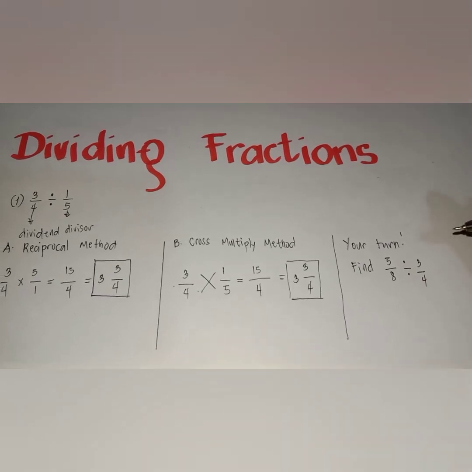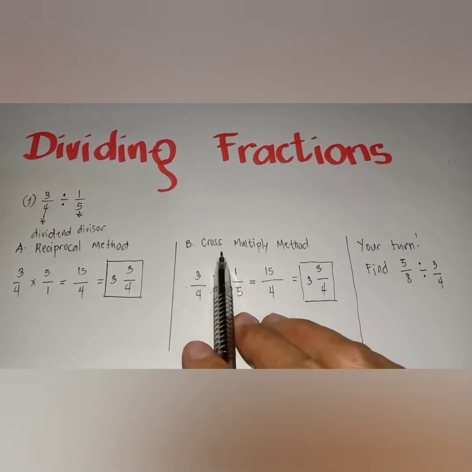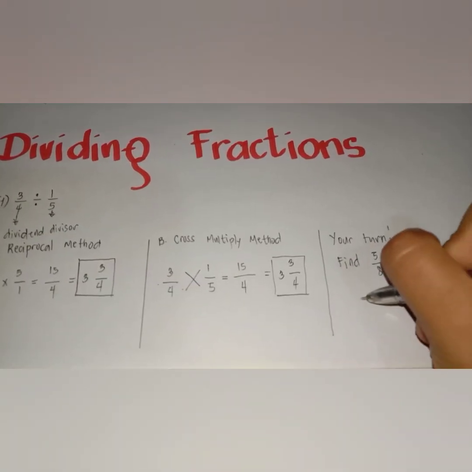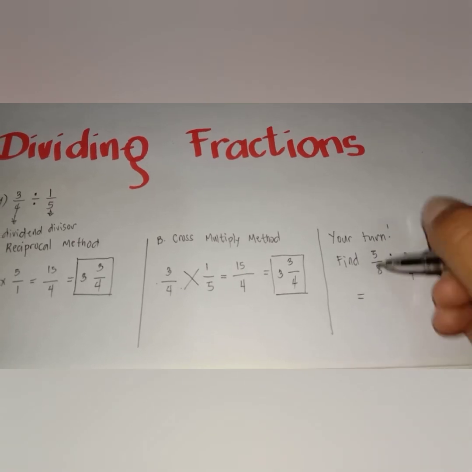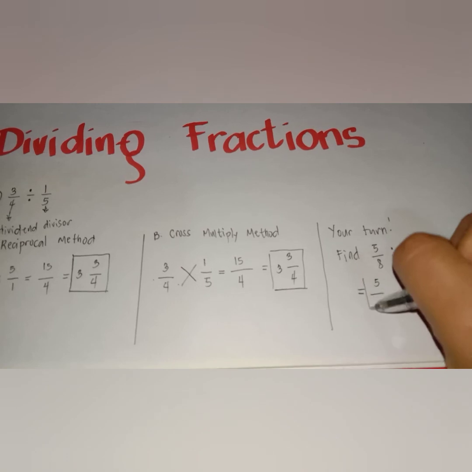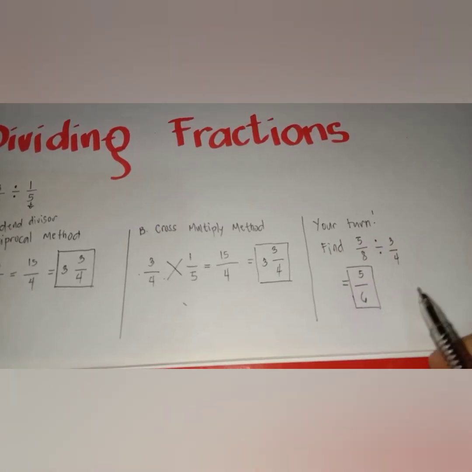Find 5 over 8 divided by 3 over 4. You can pause this video so that you can solve. The answer is 5 over 6. Did you get the correct answer?